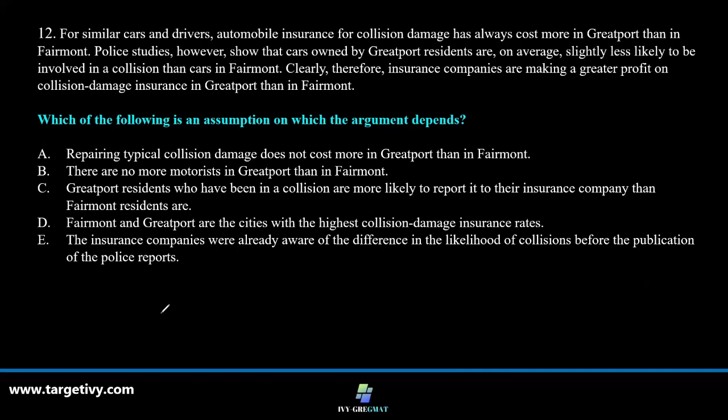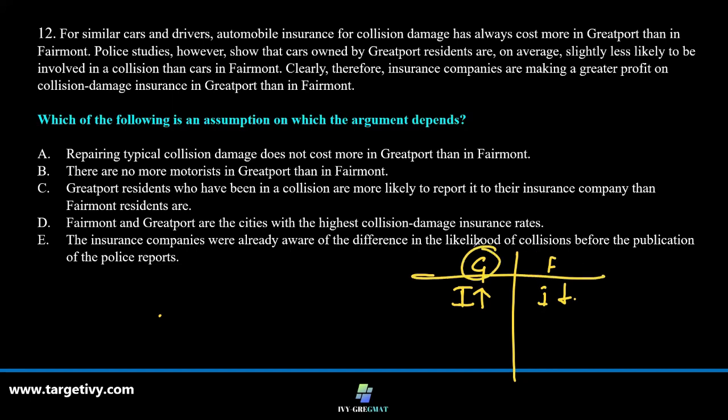Similar cars and drivers, automobile insurance for collision damage is more in Greatport than in Fairmount. Greatport, Fairmount. Insurance is costly here. Insurance is less costly here. Police studies show that the cars owned by the Greatport residents, these people are on average less likely to be involved in a collision.